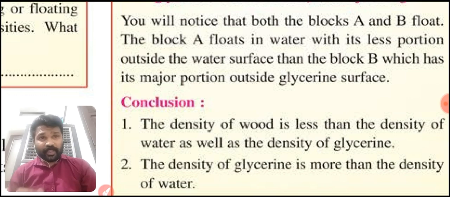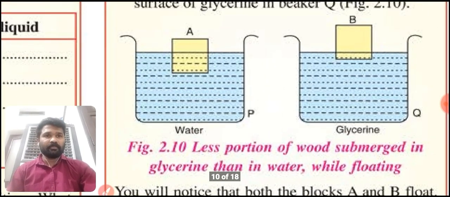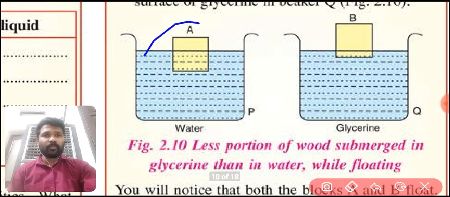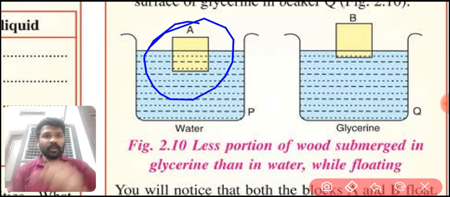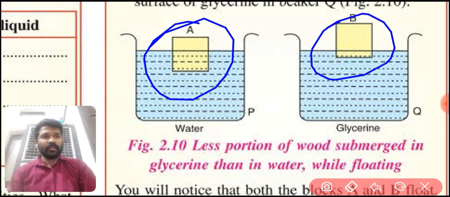The block A floats in water with less portion outside the water surface than block B, which has its major portion outside the glycerin surface. You can see in the diagram. In water the major portion is immersed, but in glycerin the major portion of the body is above the surface.